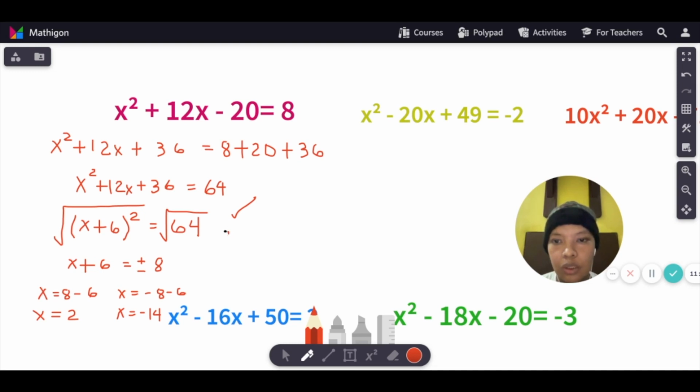So, that is 2 squared plus 12 times 2 minus 20 equals 8. Diba po? Tapos, 4 plus 24 minus 20 equals 8.